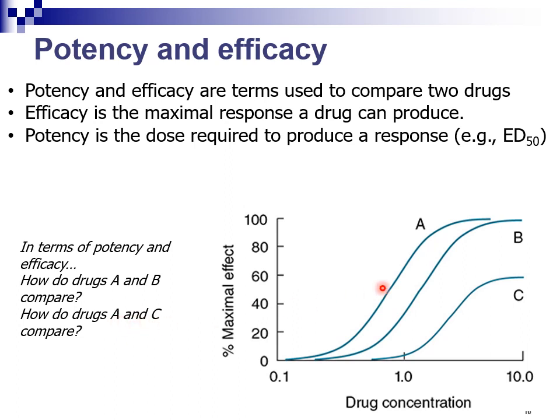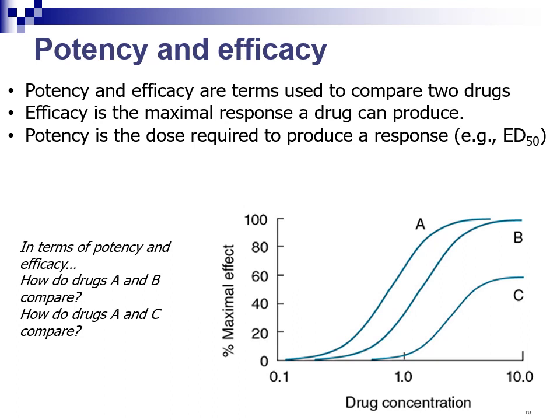How do drugs A and C compare? Well, clearly, the efficacy of C is lower than that of A. And one could try to compare potency, but in a sense, when we're talking about drugs that have different efficacies, it really doesn't make a lot of sense to compare potencies.